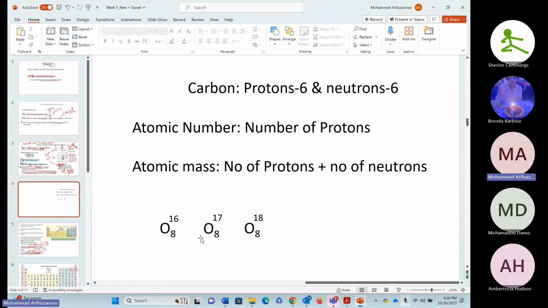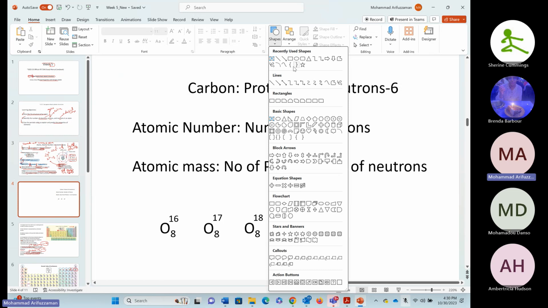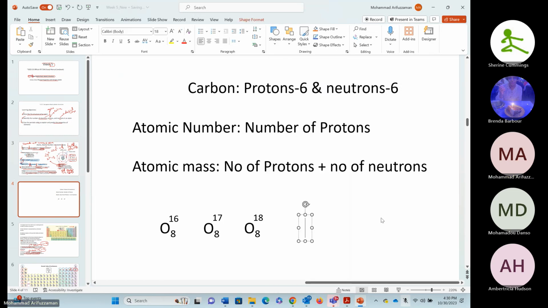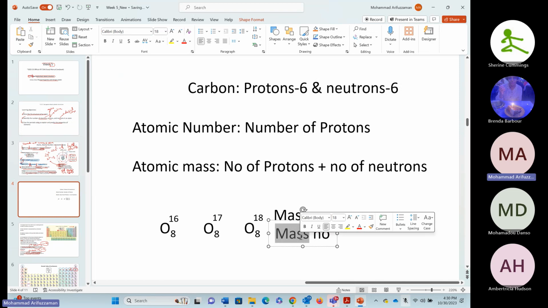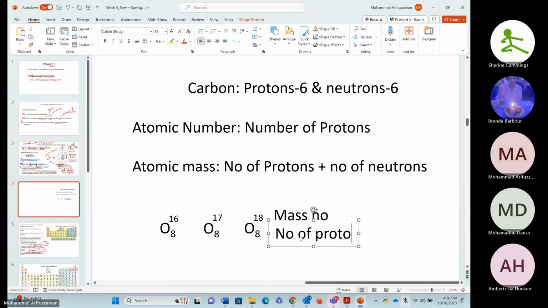So isotopes have the same number of protons but different mass numbers.